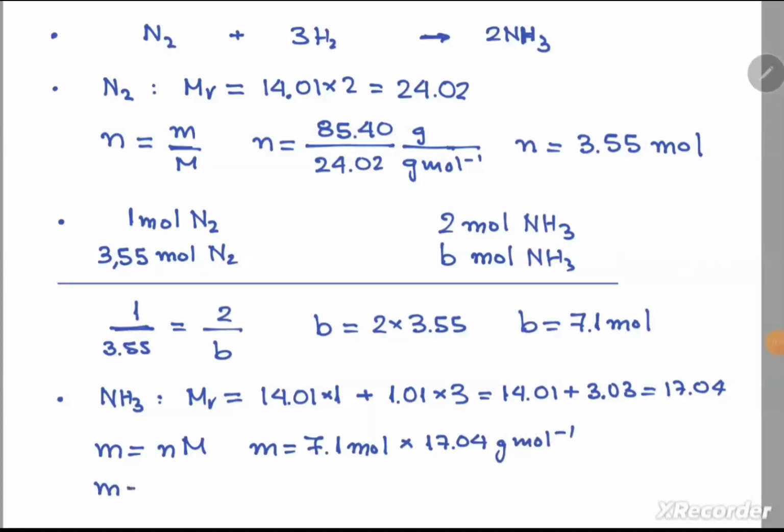And the result is 120.981 grams of ammonia are produced. This is a basic stoichiometric calculation.